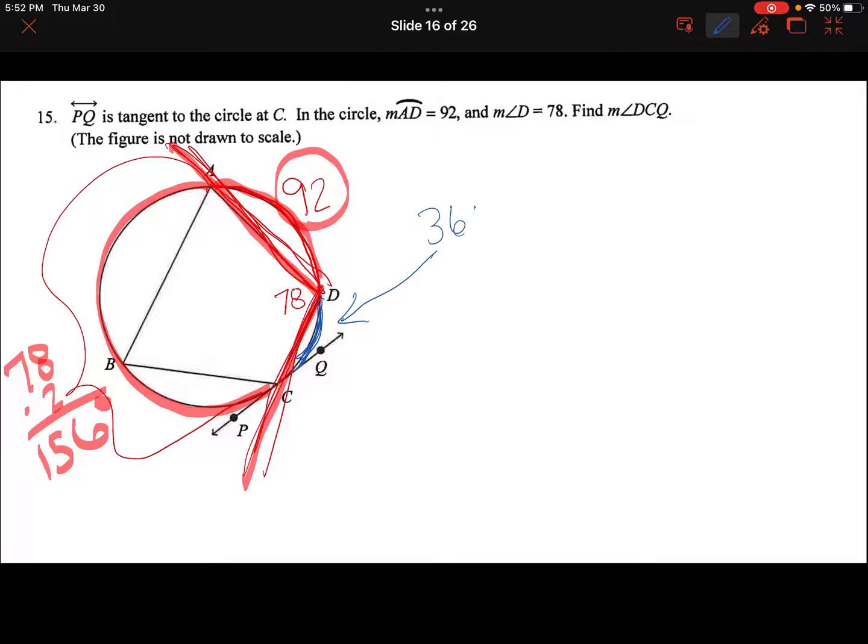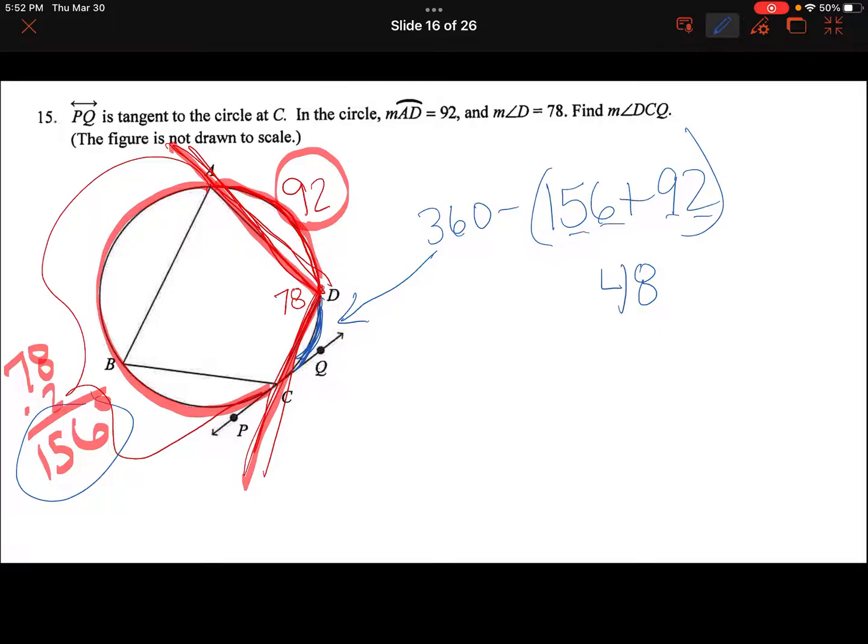So we're going to take 360 and subtract the rest of the circle, which is 156 plus 92. 156 plus 92, 6 and 2 is 8. 5 and 9 is 14. Carry my 1, so I have 248.